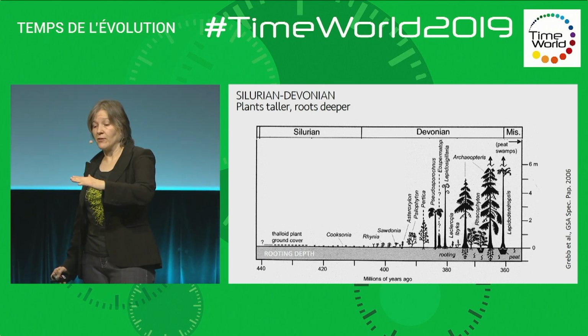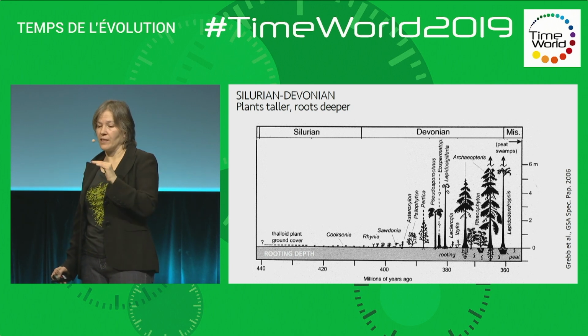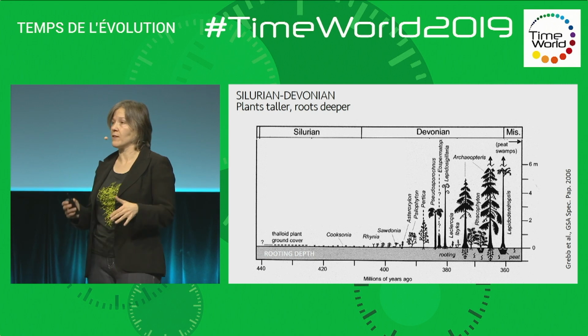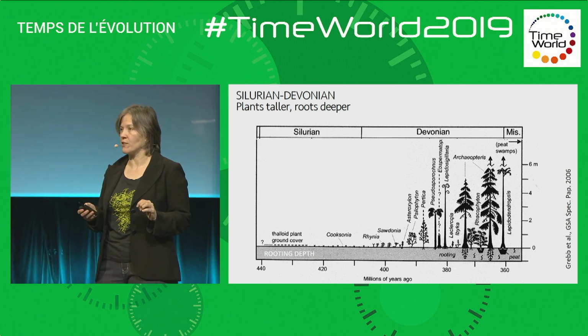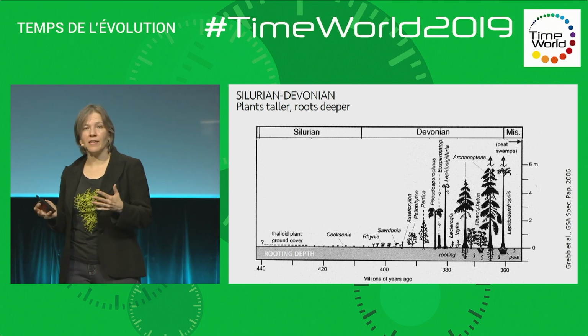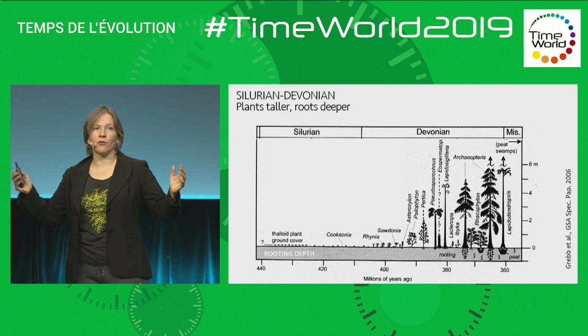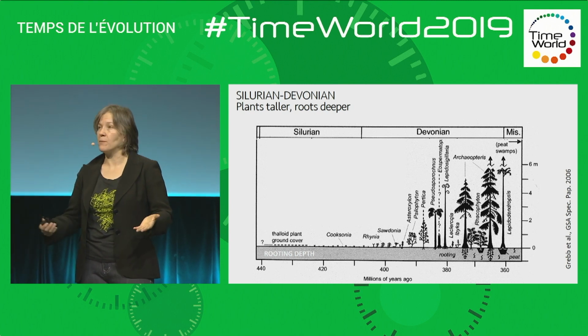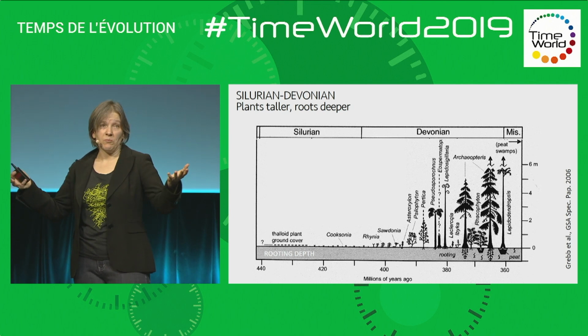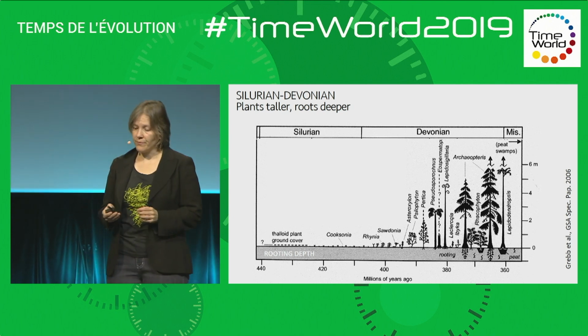Then plants gradually get bigger, and eventually, at the end of the Devonian, they form relatively deep roots and produce wood that is similar to that of conifers. That's really when the plants spread out all over the continents, because if you can get water from deep in the soil, you can live everywhere.